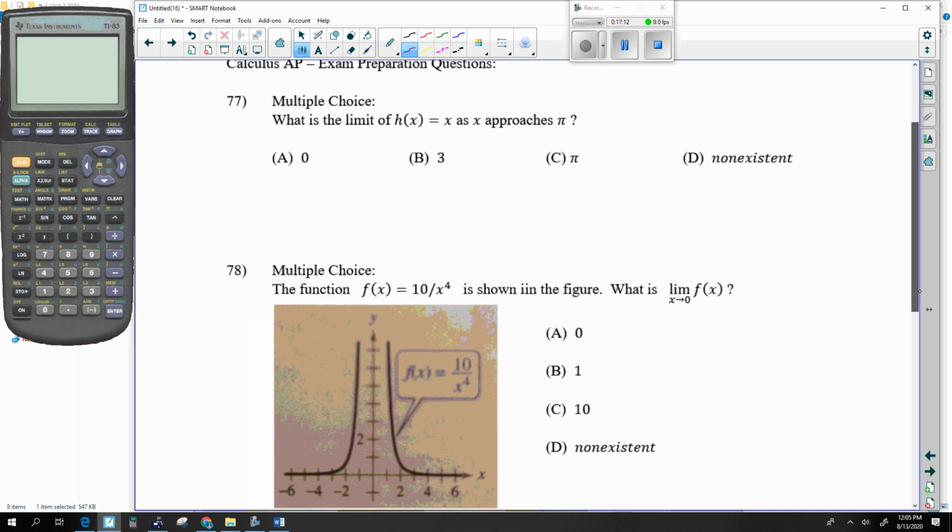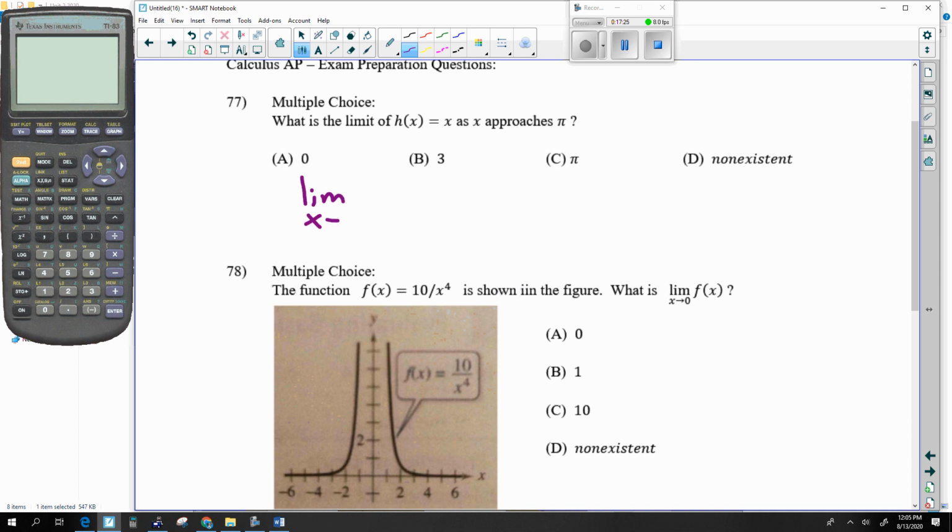Multiple choice. The limit of h of x, equal to x, as x approaches pi. Okay, so what is the limit of h of x equal to x as x approaches pi?